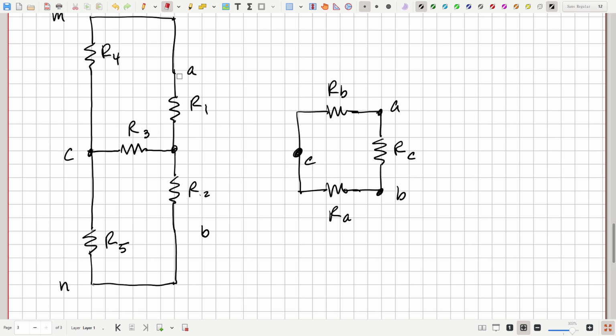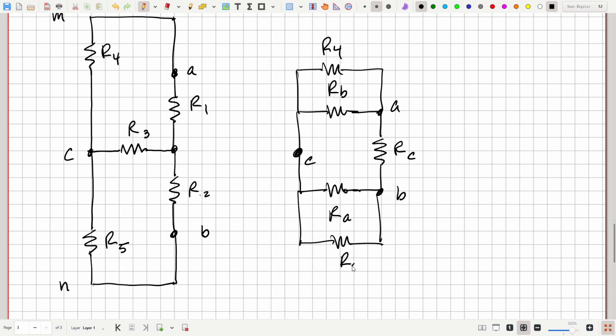And now we just need to reconnect this. Here's A, B, and C. Just reconnect the remainder of the circuit, and that's what? Just R4, which goes from A to C. Well, we could draw that like this. There's R4 from A to C, and R5 goes from C to B. Well, we could draw that like this.